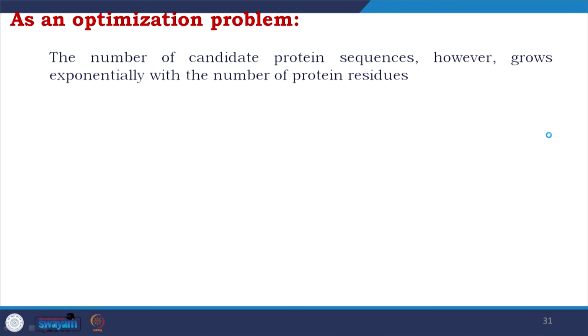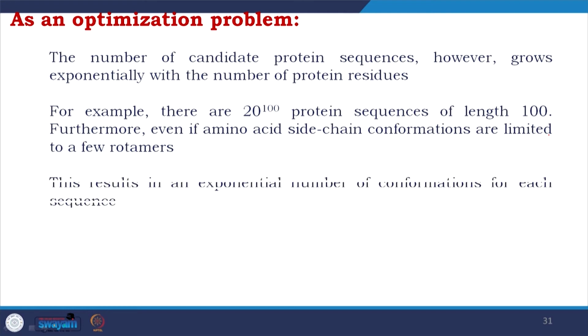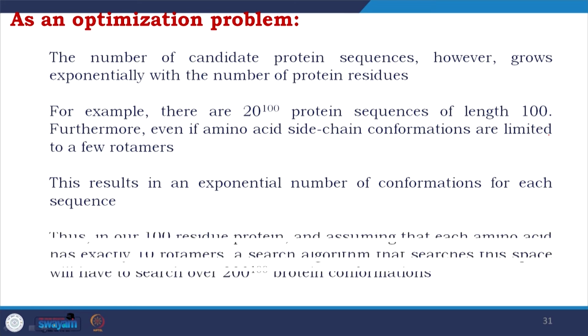The number of candidate protein sequences, however, grows exponentially with the number of protein residues. For example, there are 20 to the power 100 protein sequences of length 100 amino acids. Furthermore, even if amino acid side chain conformations are limited to few rotamers, this results in an exponential number of conformations for each sequence.